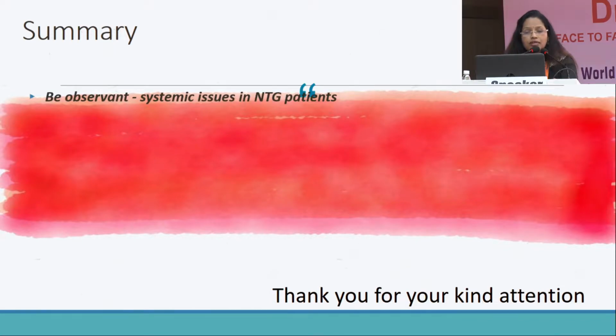So to summarize, we should be very careful whenever we are examining our glaucoma patients, especially secondary glaucoma and NTG patients. If glaucoma is progressing despite normal intraocular pressure, we need to think out of the box, like sleep apnea, atrial fibrillation, vasospastic disorder or hypotension.